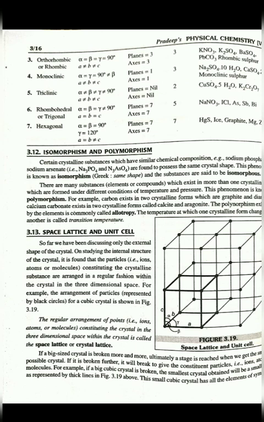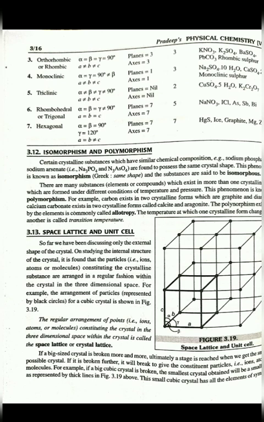There are many substances, elements or compounds, which exist in more than one crystalline form, formed under different conditions of temperature and pressure. This phenomenon is known as polymorphism. For example, carbon exists in two crystalline forms, graphite and diamond. Calcium carbonate exists in two crystalline forms called calcite and aragonite. The polymorphism exhibited by the elements is commonly called allotropy.